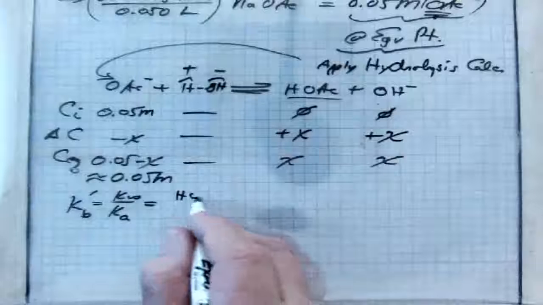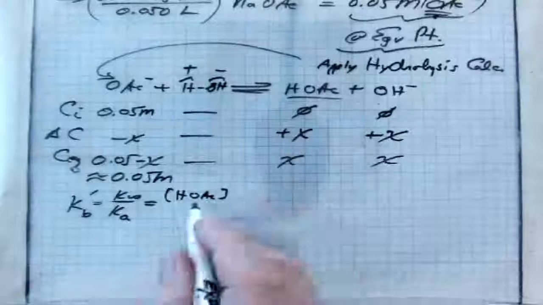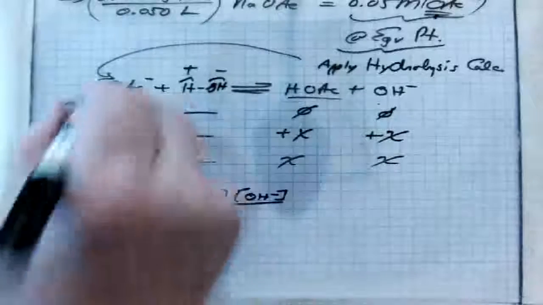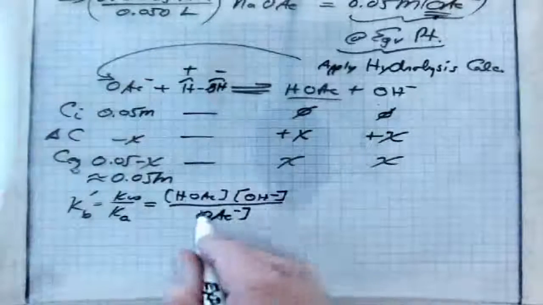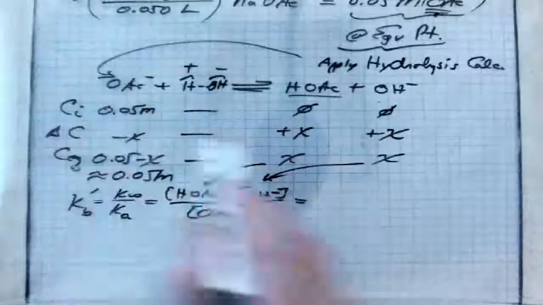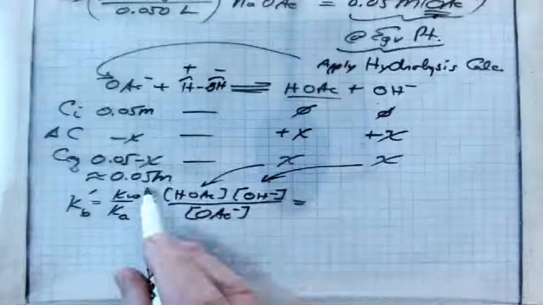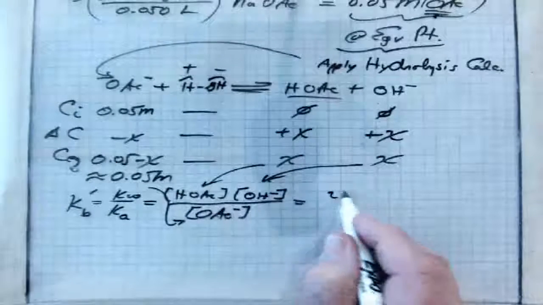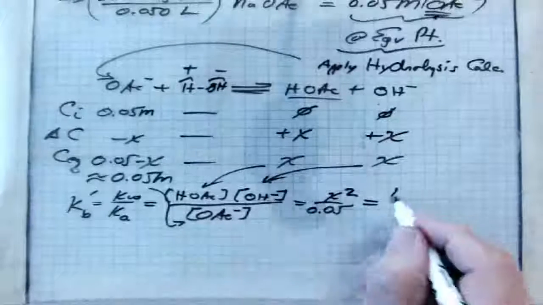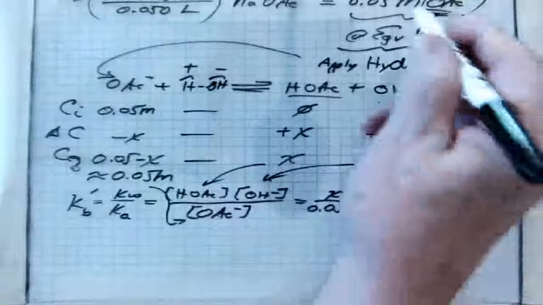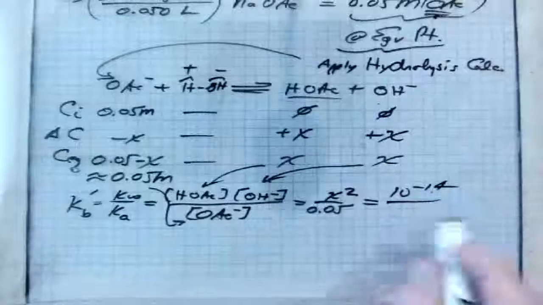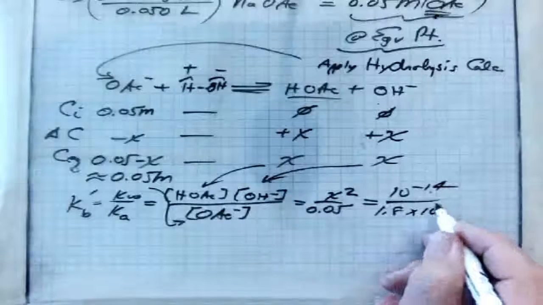We'll have HOAc concentration, which will be X, and the OH concentration, which is also X, which is what we need, and then the salt concentration, 0.05, goes right there. That's X squared over 0.05, and that's equal to 10 to the minus 14 over the Ka for HOAc, which is 1.8 times 10 to the minus 5.